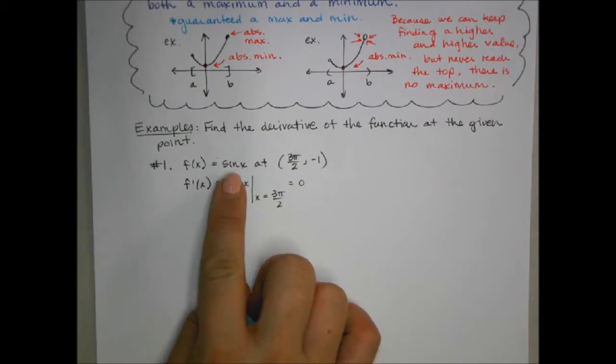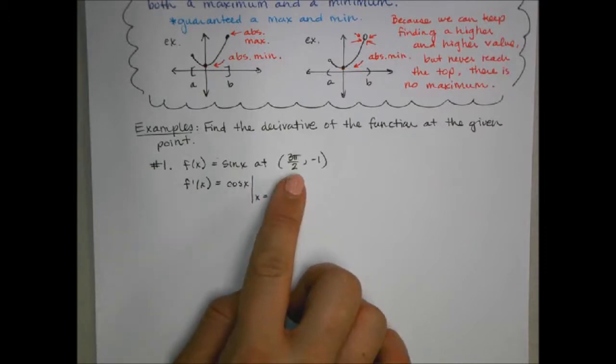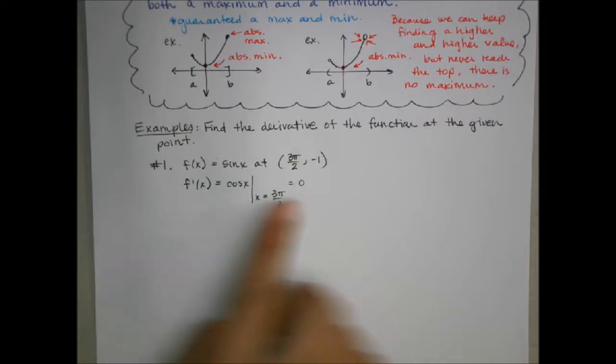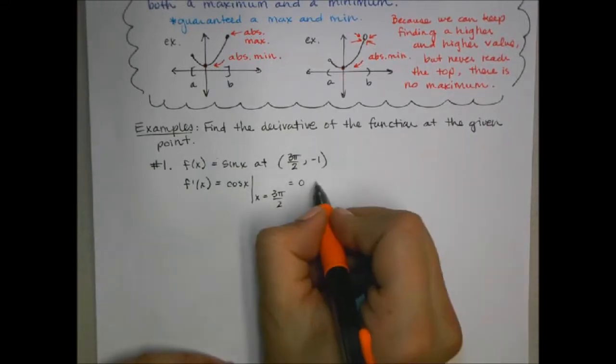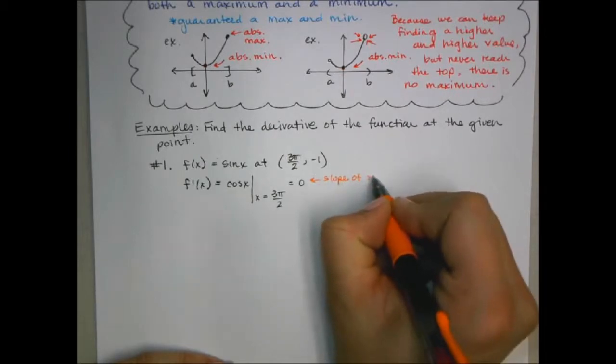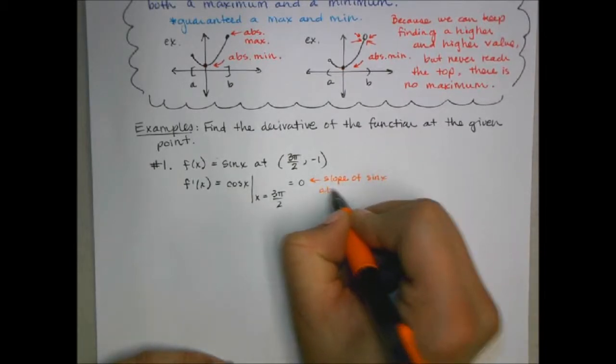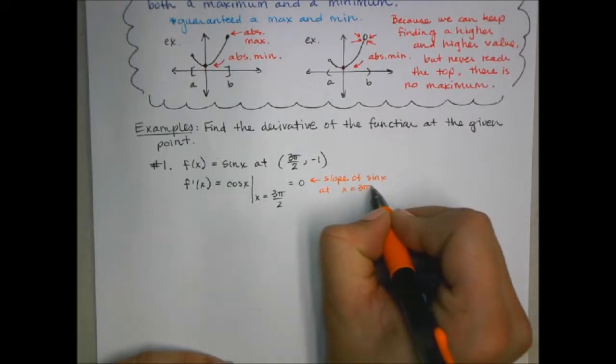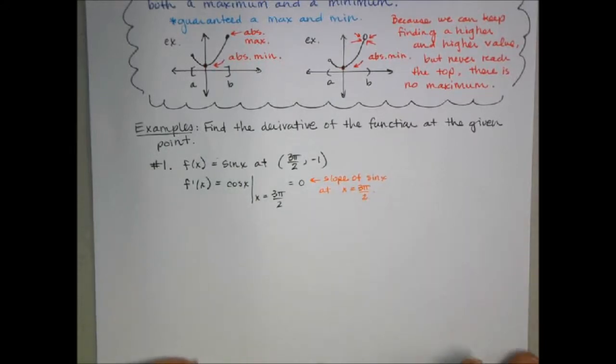So the slope of sine at this point is 0.